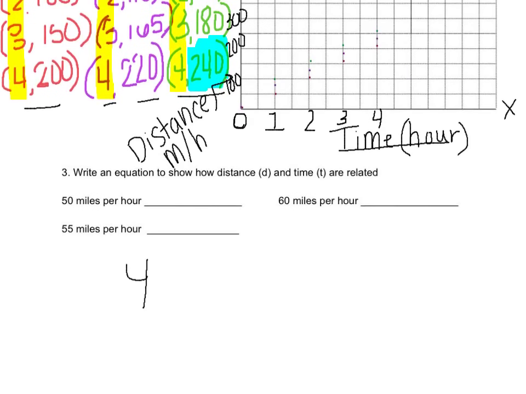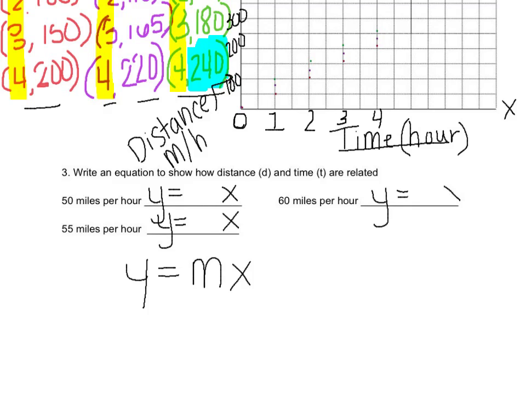And again, each time it needs to be in this form, y equals mx. So for each one, and remember, m is a number, so each of these we could initially set up, because the y is always going to stay in the same place and the x is always going to stay in the same place.